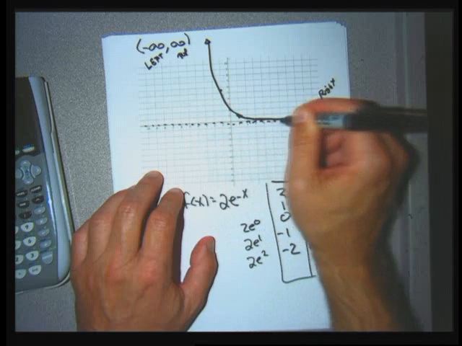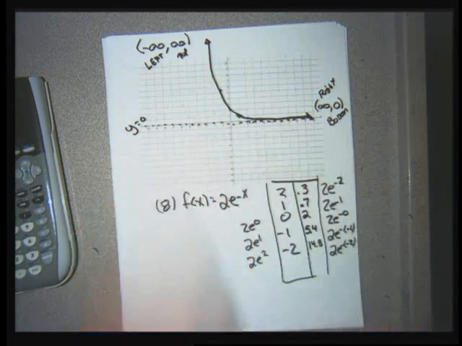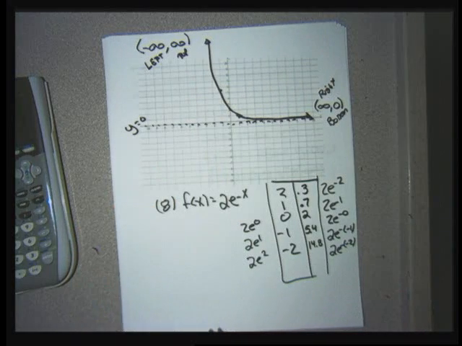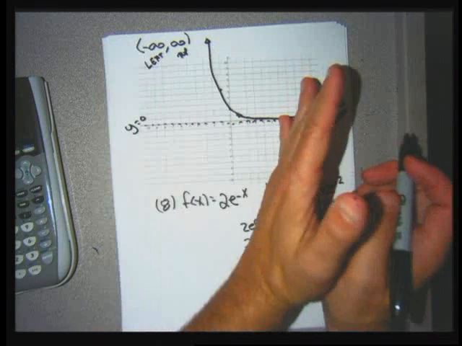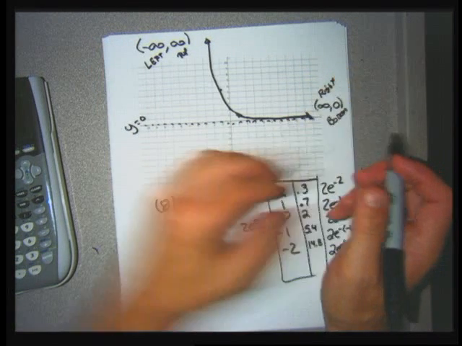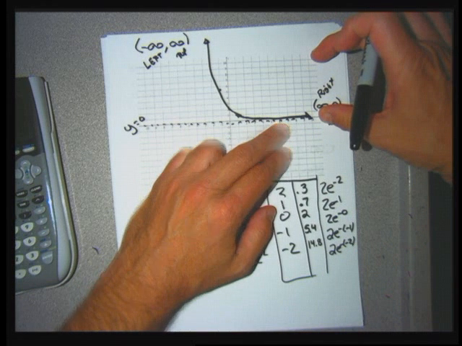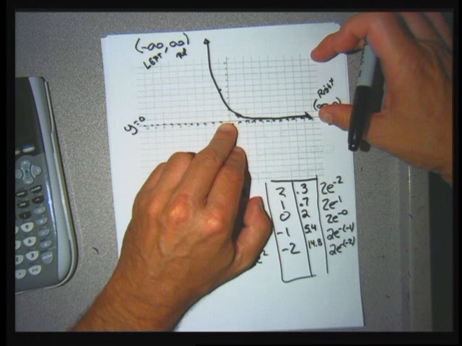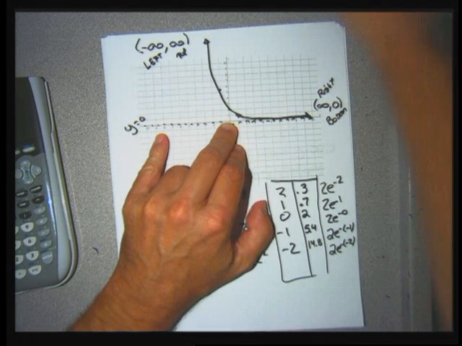It's not till I shift a graph up or down does my horizontal asymptote change. So when I go to answer the parts about the domain and the range, the graph exists everywhere unbroken left to right, so the domain is negative to positive infinity. The graph only exists in this region from y equal to 0 up to the top y infinity, so we get 0 to infinity for the range, and the horizontal asymptote is still that y equal to 0.